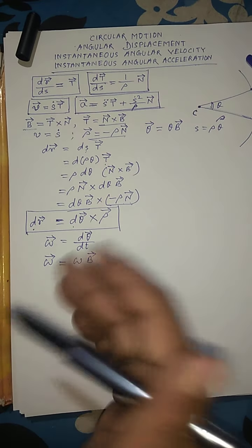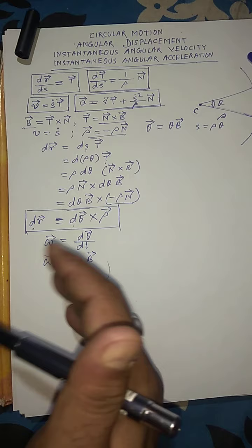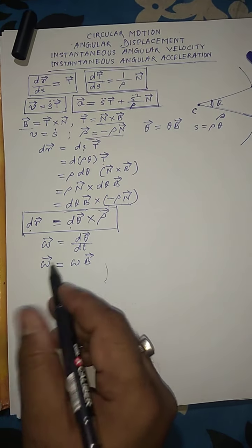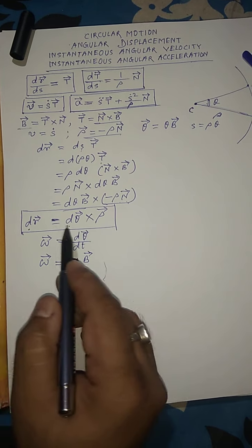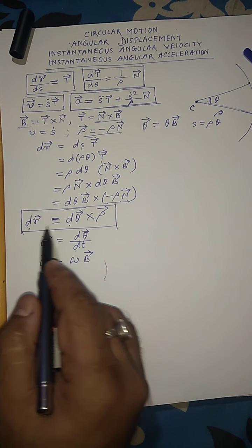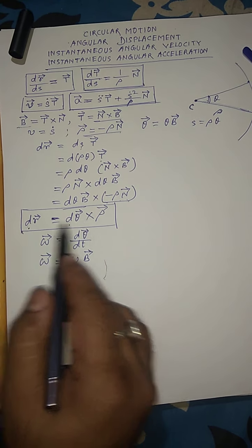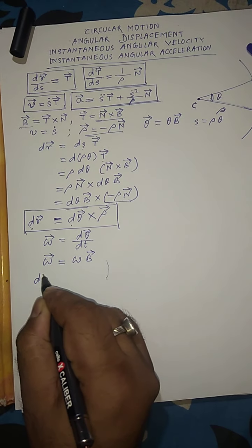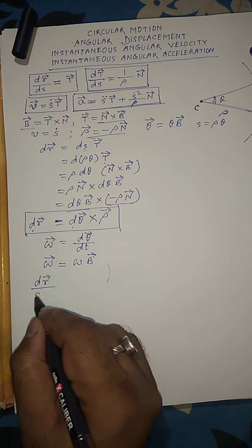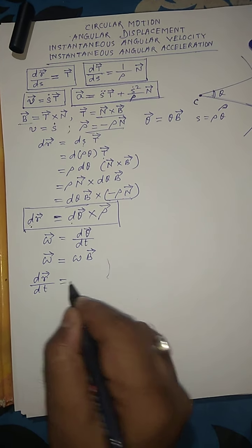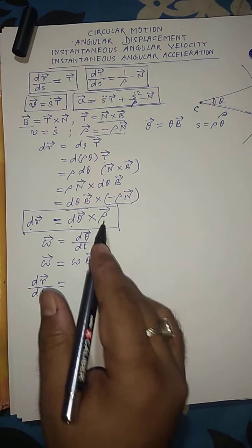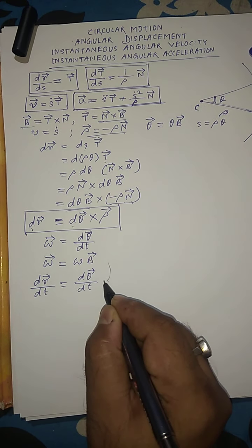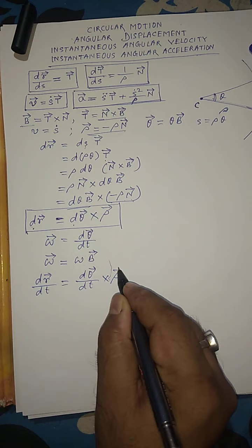Now let's find the relationship between the instantaneous linear velocity and the instantaneous angular velocity. Let's divide both sides of this equation by dt. We get d vector r dt is equal to d vector theta dt cross vector rho.